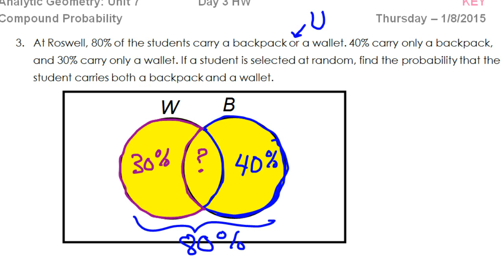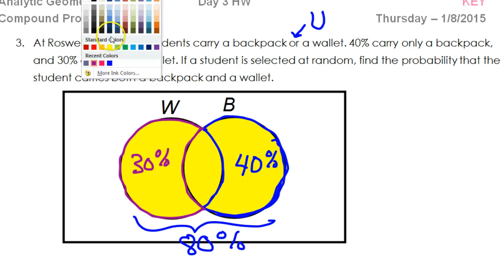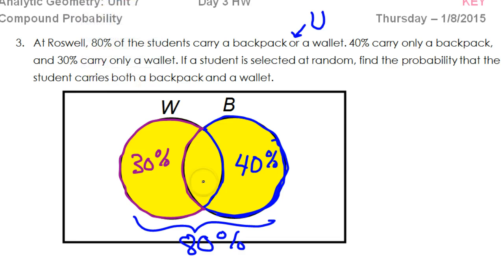So that means this other part, let's see, can I just erase this? What color should I use? Maybe just black. Yeah, I think I will. This has to just be 10%. 30 plus 10 is 40%, plus the other 40.